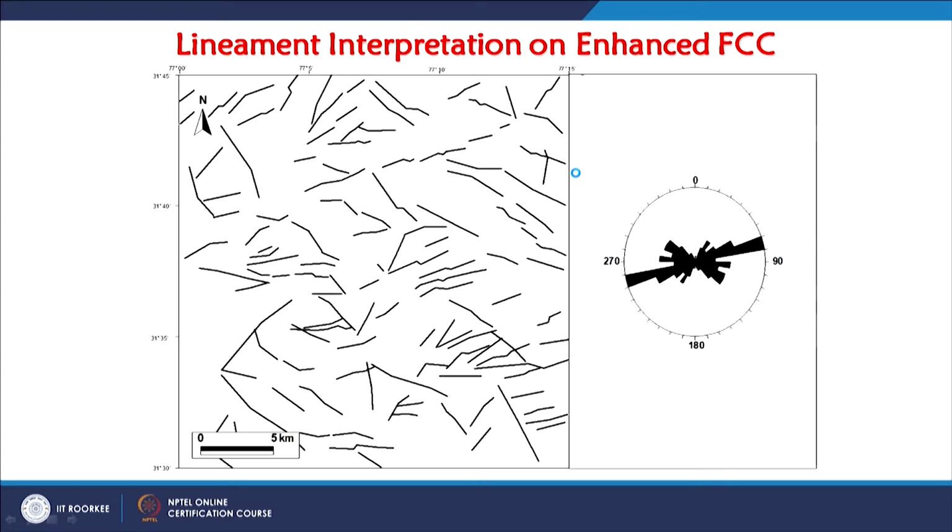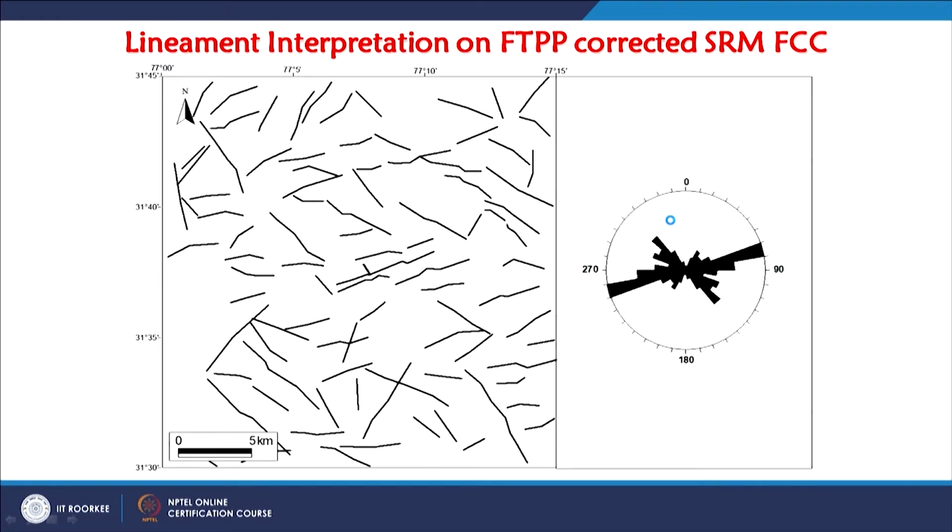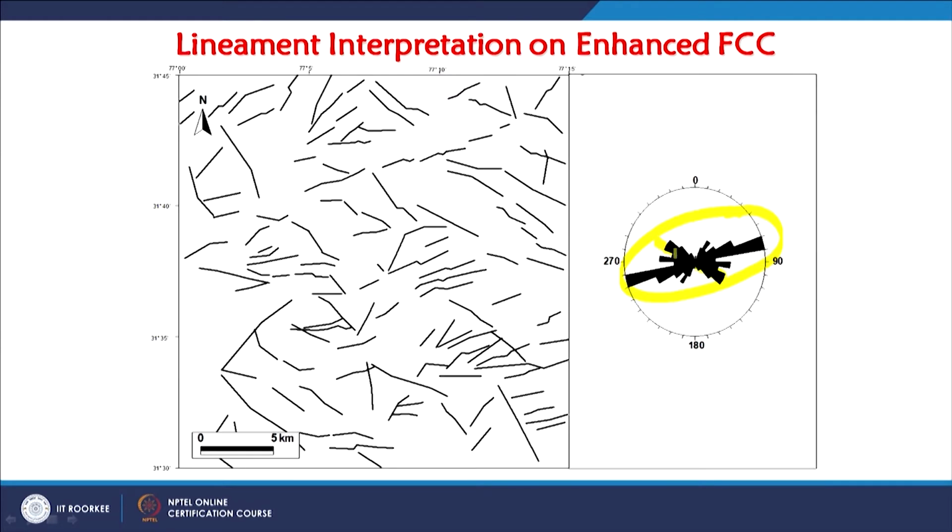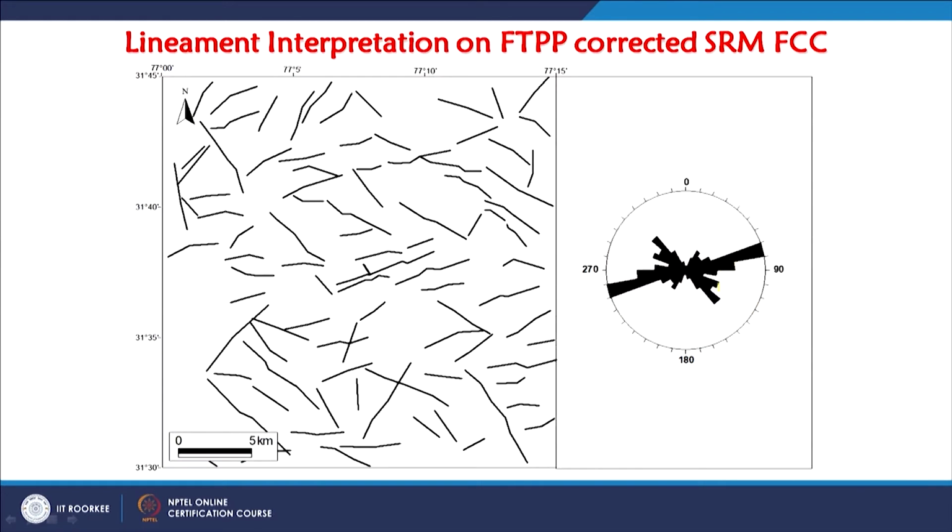And what you observe, which you can also see through this rose diagram, is that the directions of different features have completely changed, and the northeast-southwest direction features, which were not so prominent in the interpretation, were highlighted in the images which were FTPP corrected.